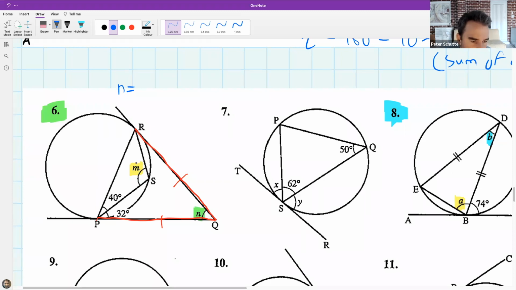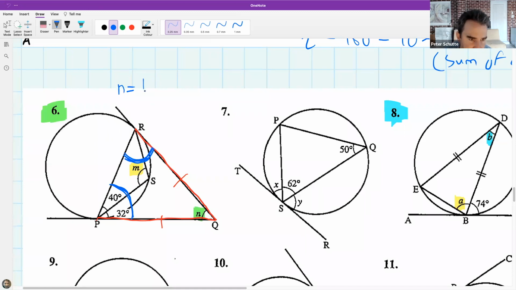Since this is an isosceles triangle, I just said 40 plus 32, and then that angle is going to be equal to the other angle. Okay, so am I describing it right on the screen? That basically this one and this one are the same, they're both 72. Yes.